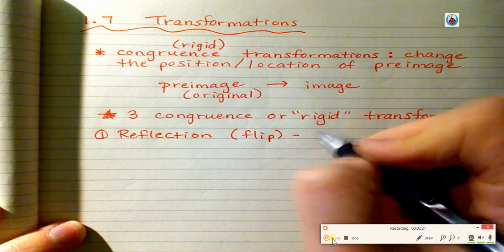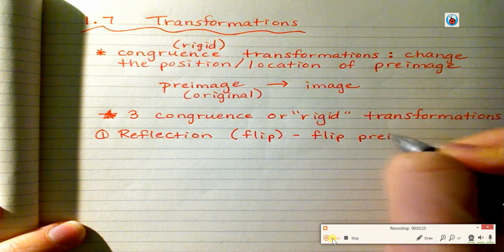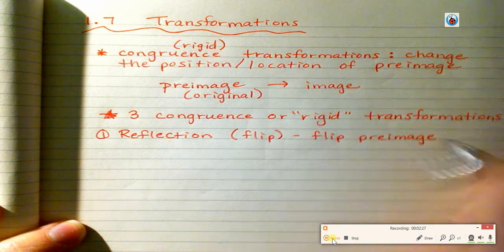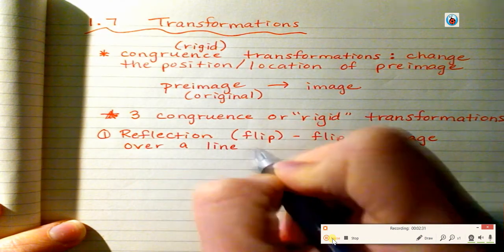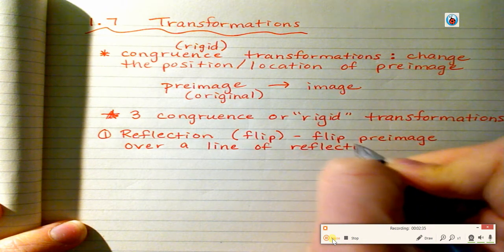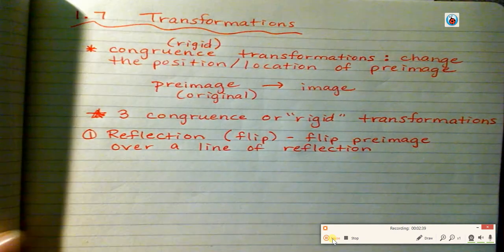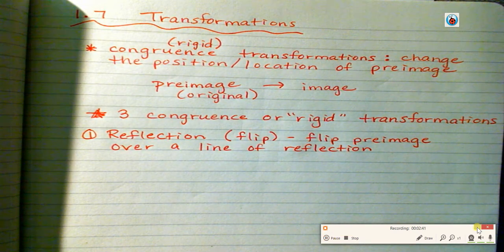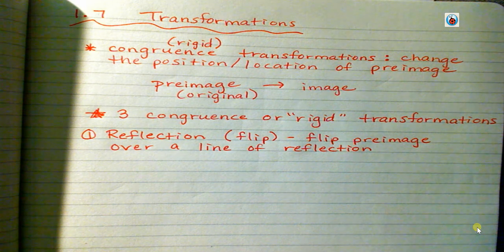So when we do a reflection, we're going to flip the pre-image over a line of reflection. To do that, we're going to have a graph, and I'm going to show you where your pre-image is located, where the vertices of that polygon are located, and then we're going to flip it on our graph over some imaginary line.